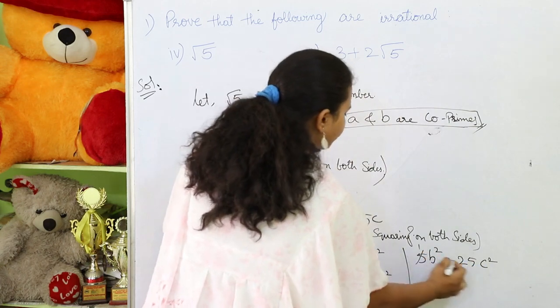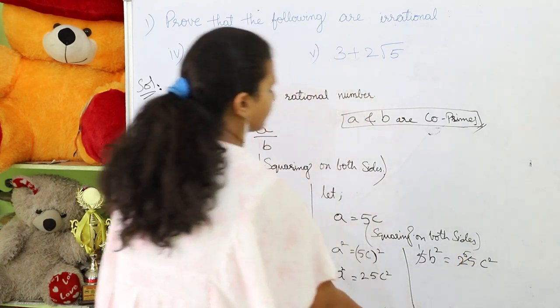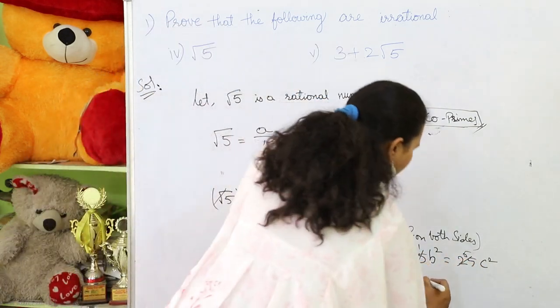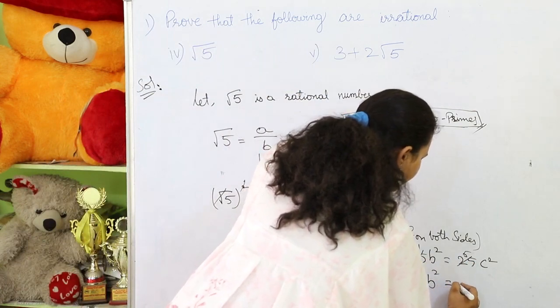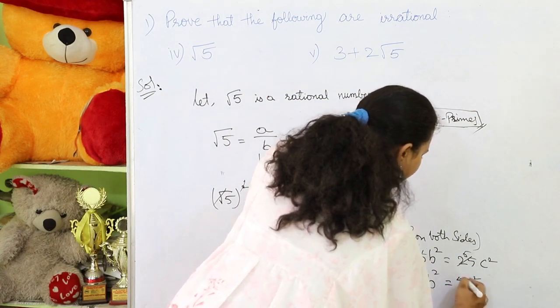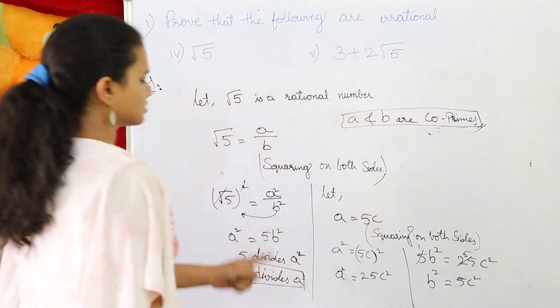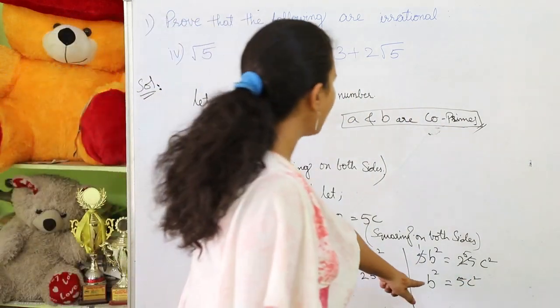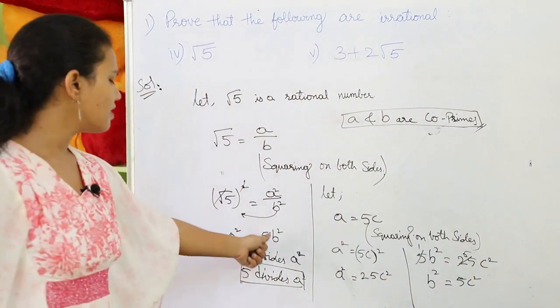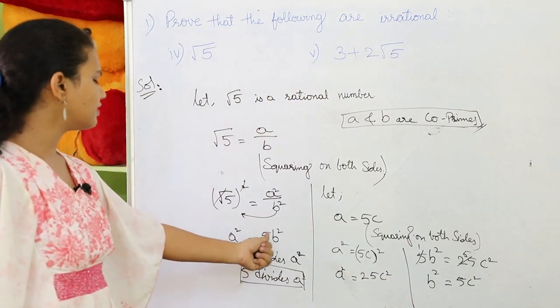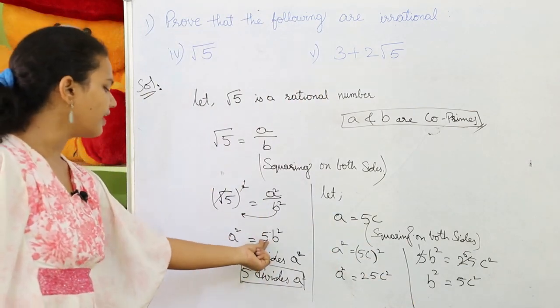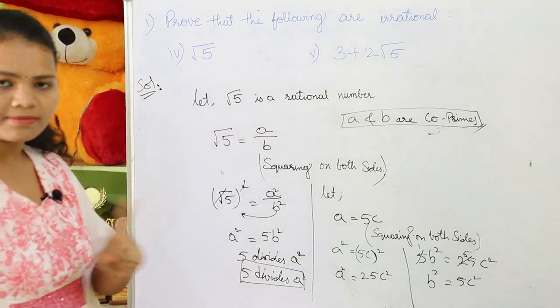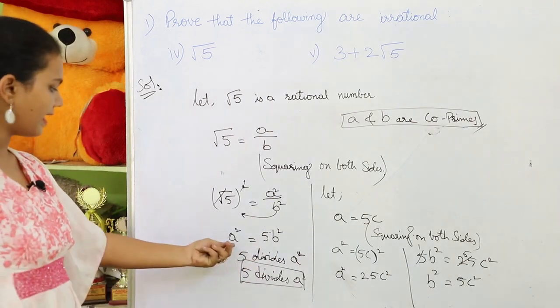Clear? 5 ones are 5, 5 fives are 25. Now here you get b square equal to 5c square. Here comes the thing: a square equal to 5b square means 5 and b square are the factors of a square.